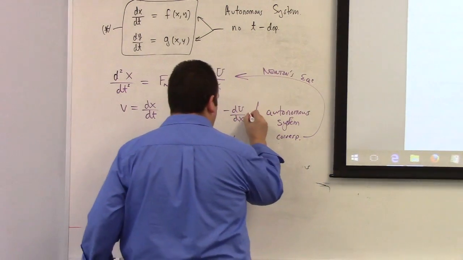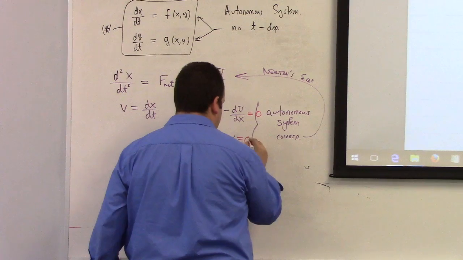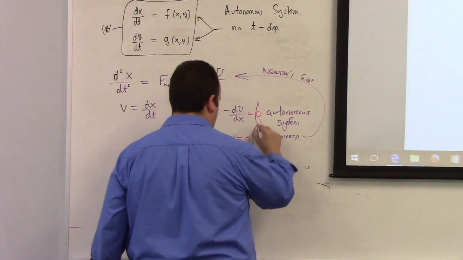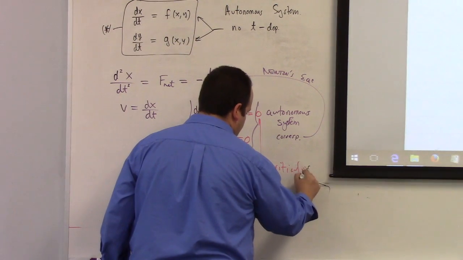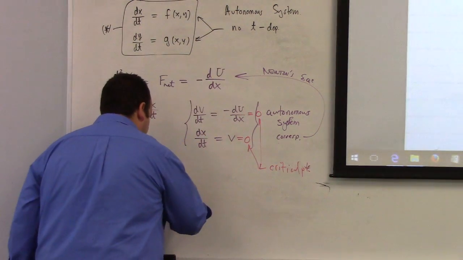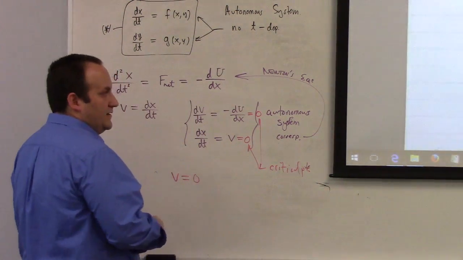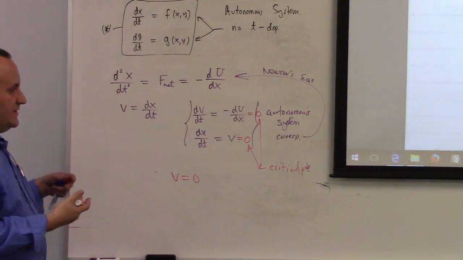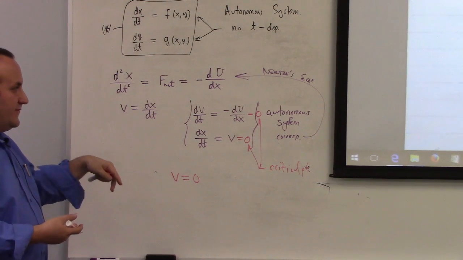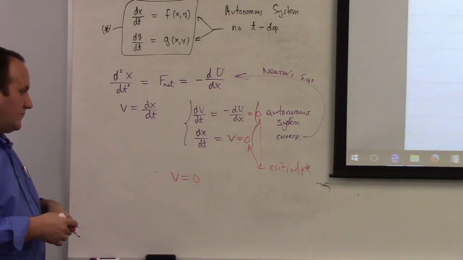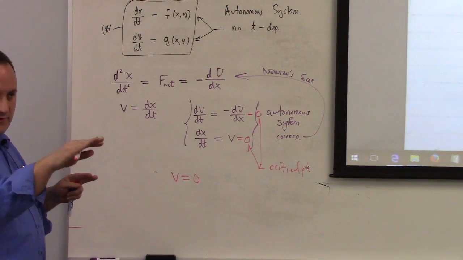We need this equal to 0, and we need that equal to 0 for a critical point. So what does that say? That says v is equal to 0. So the critical points in the phase plane for that autonomous system have to happen on the v equals 0 curve in the plane.